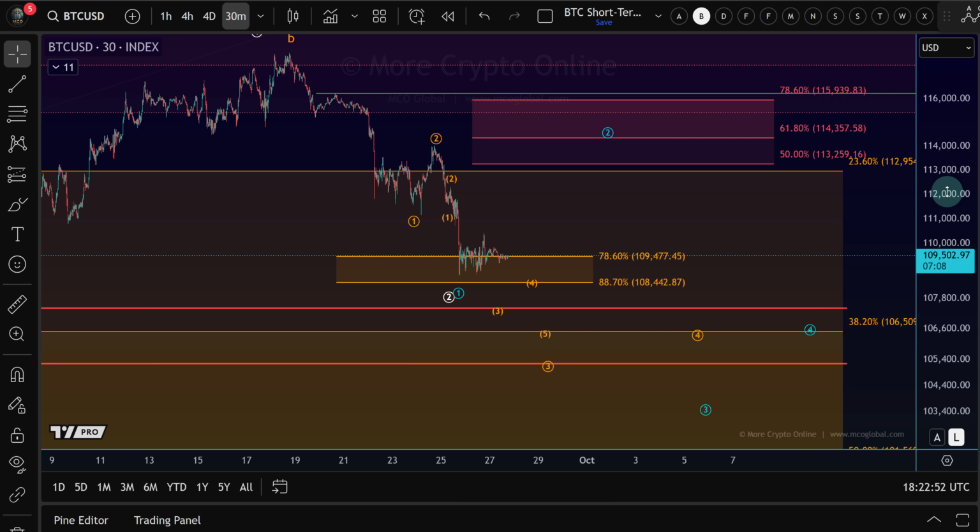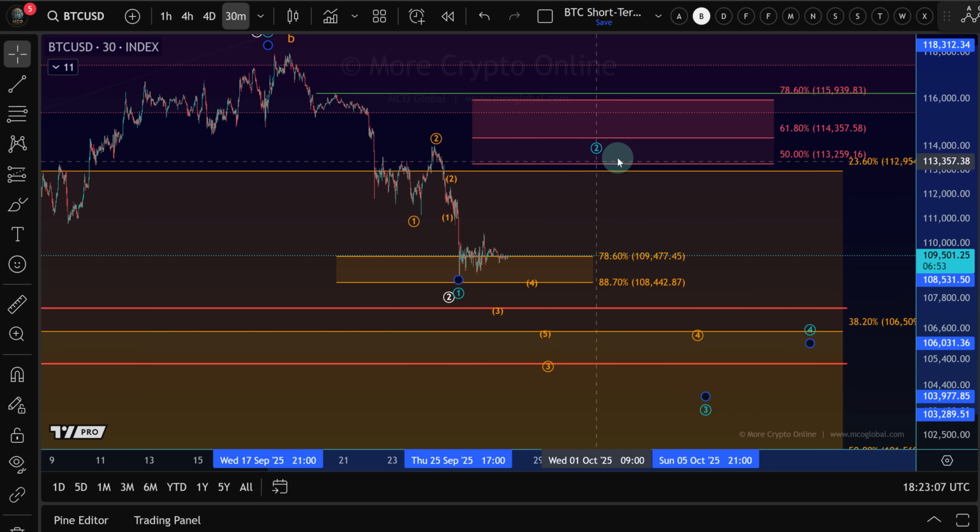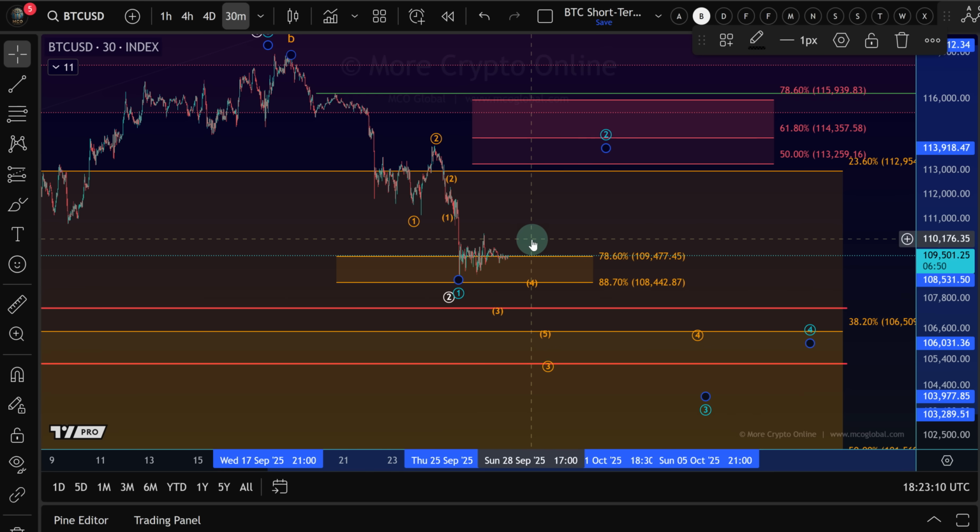So we're currently just grinding above micro support, which is between 108,440 and 109,477. So just be aware that even in this C wave to the downside scenario, the market might give us a bounce. I'll keep you updated. Only a break above that resistance area would indicate that the bulls are taking the lead.